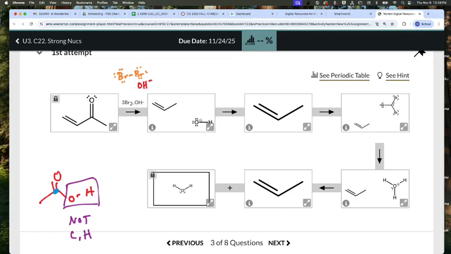Don't even worry about that because they're trying to draw things without drawing things. They're trying to give you the opportunity to screw up. What are you reacting the bromine and the hydroxide with? Said another way, are you reacting the bromine and the hydroxide with an acid derivative? Could act as an acid.